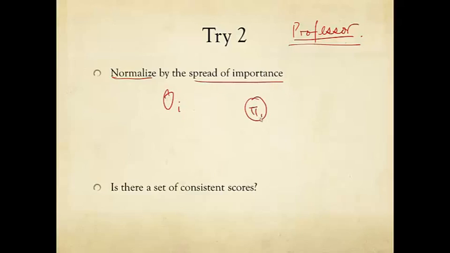So if node 1 with importance score pi 1 points to 3 other web pages, then O sub 1 equals 3, our out-degree is 3, and I should divide node 1's importance score pi 1 by O1.